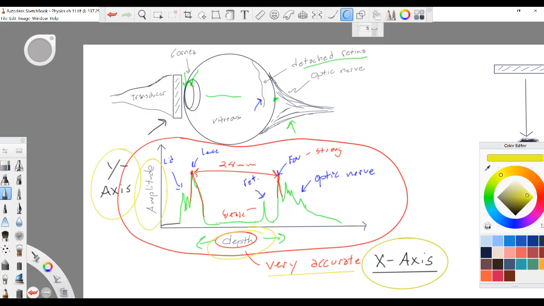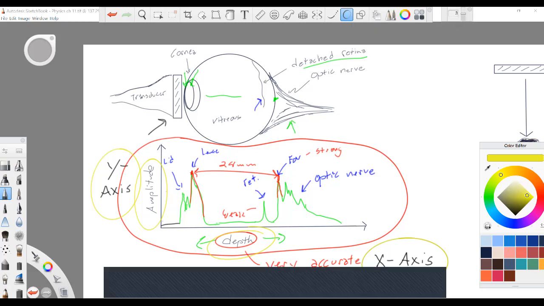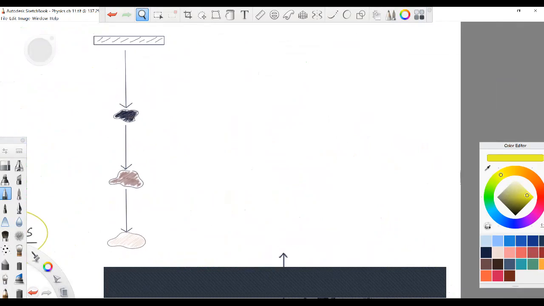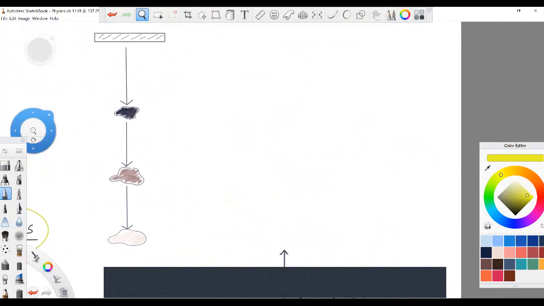The next mode we have, guys, is called B mode, and this gets a little confusing. The reason it gets confusing is because some authors call B mode what we use on a daily basis, what you guys have been using. B stands for brightness mode.